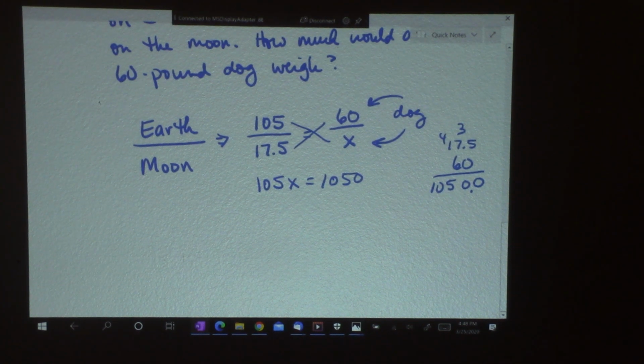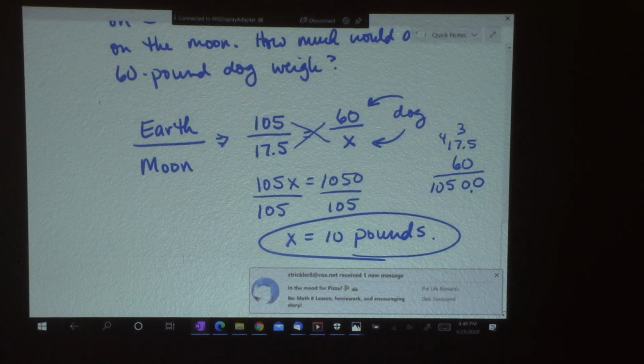Now I'm going to divide by 105, and if I do that, I get 10 pounds. So it's about 1/6 the weight. A 60-pound dog would only weigh 10 pounds on the moon. Kind of crazy. How much would you weigh?